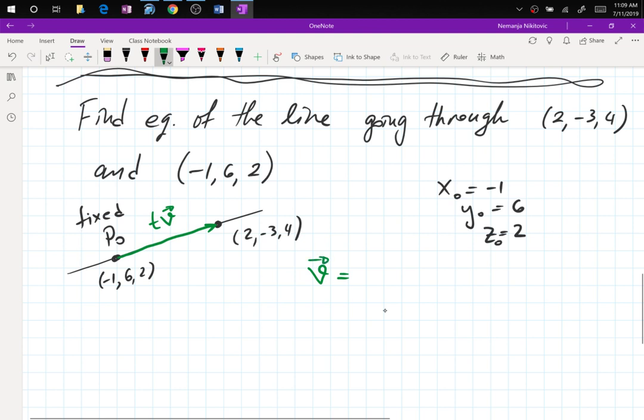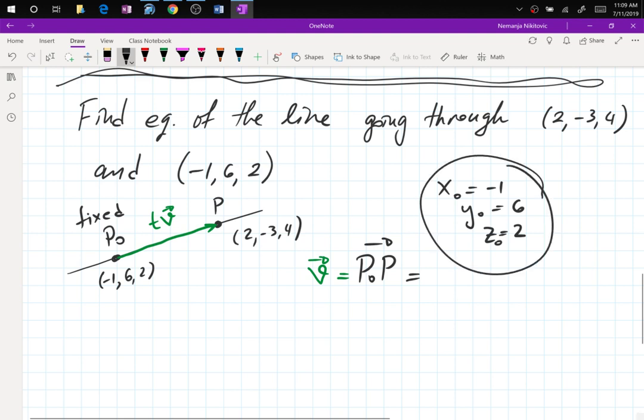Vector V is going to be vector P0P, which means you will be subtracting P minus P0 to get your vector V. That is the reason why you must specify which one is your P0, because it's always going to be P minus P0, and P0 gives you x0, y0, z0 to plug in your equations.